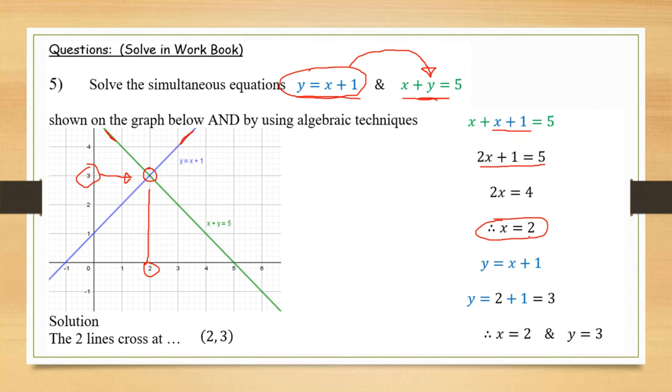Then this x goes into here to give us our y value. So y equals 2 plus 1, which is 3. And the x value here is 2. So the solution is 2, 3.